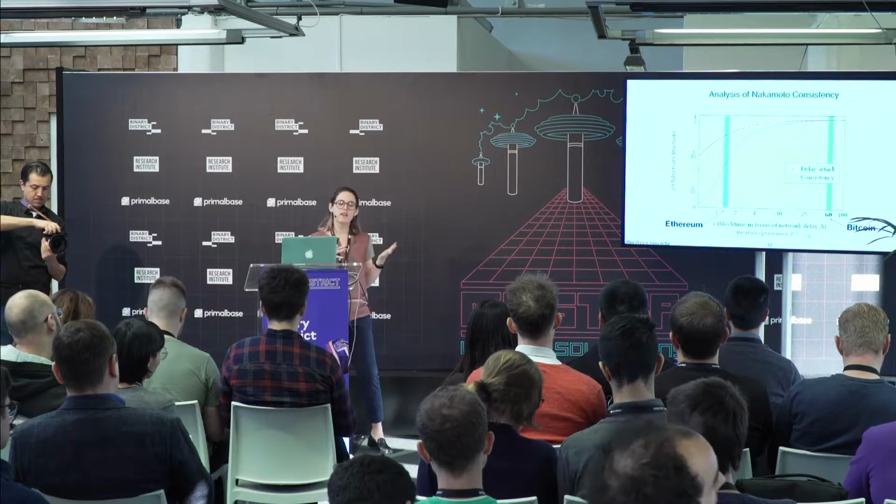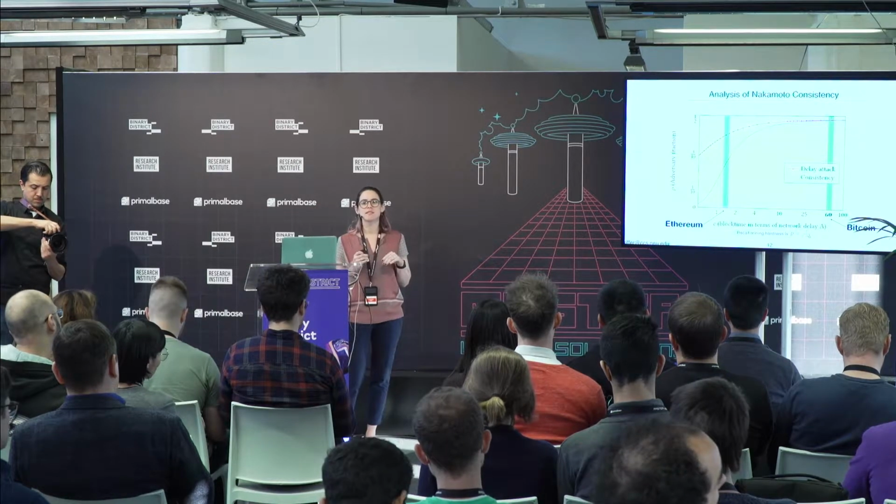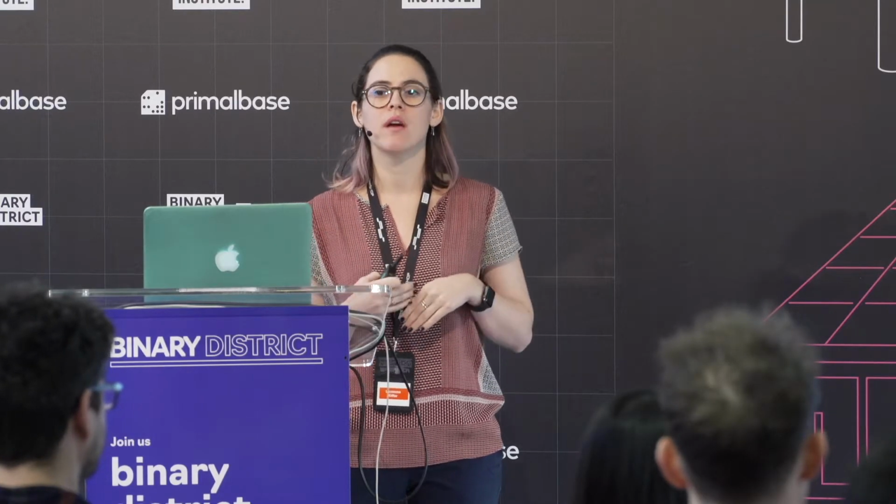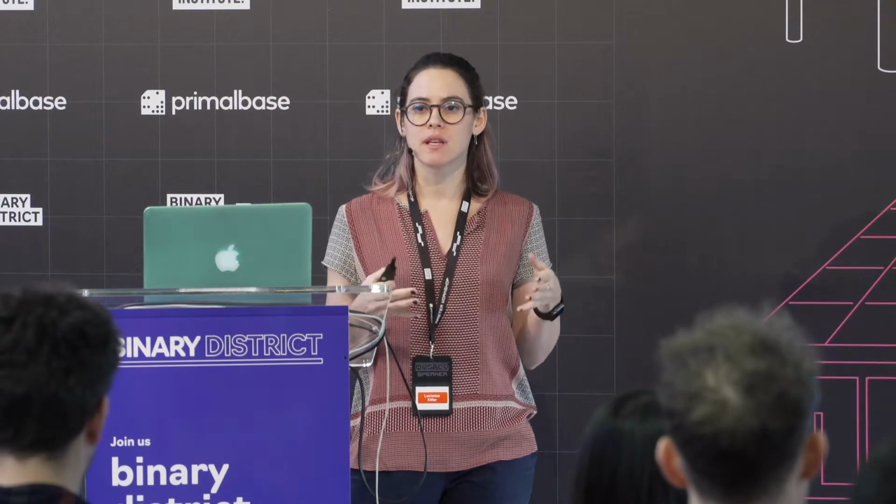And then if you take Ethereum, say like 12, 14 seconds, then you see consistency is really only guaranteed in this model up to about a third of an attacker. And so here you see the relationship between mining hardness and how much you can withstand an attack. If you have blocks coming out faster, you're going to get your c to be smaller, and you're going to have a less resilient protocol.